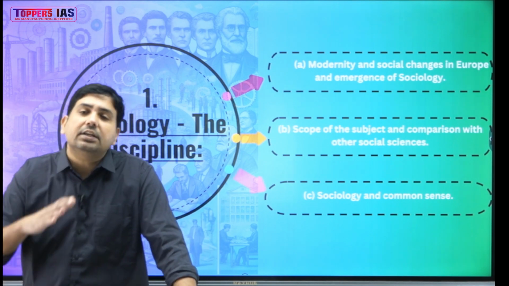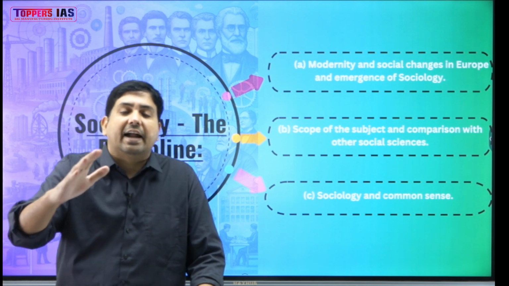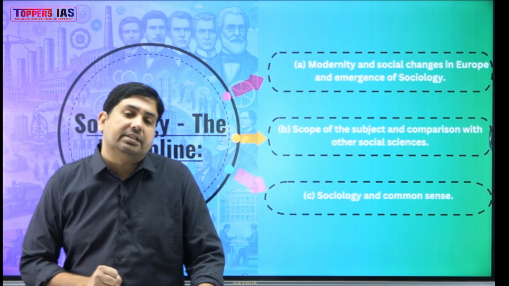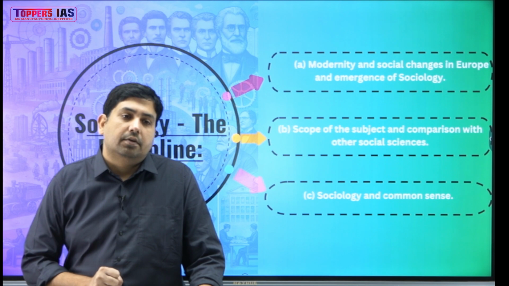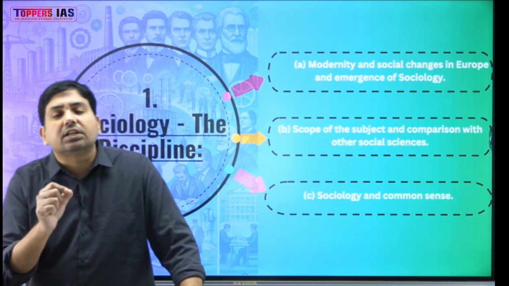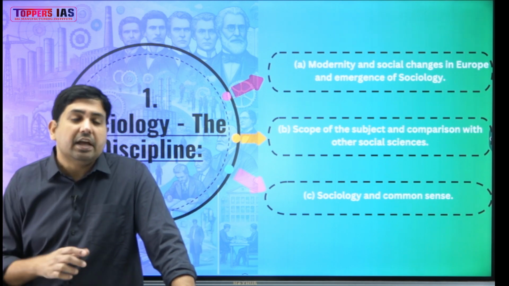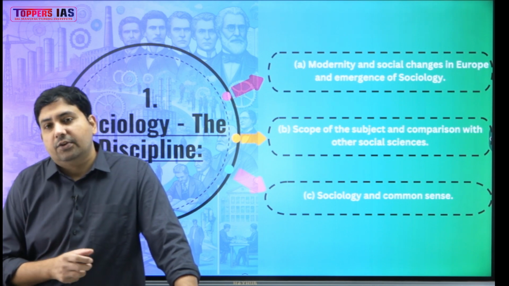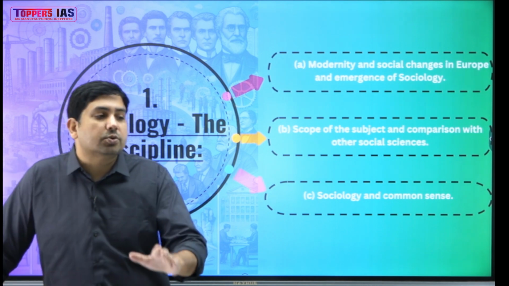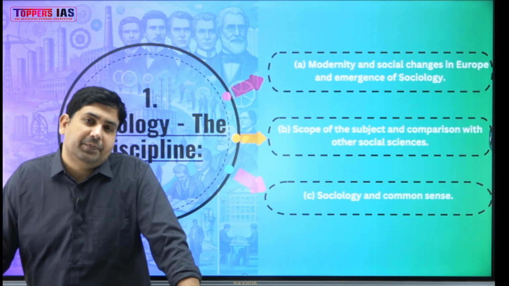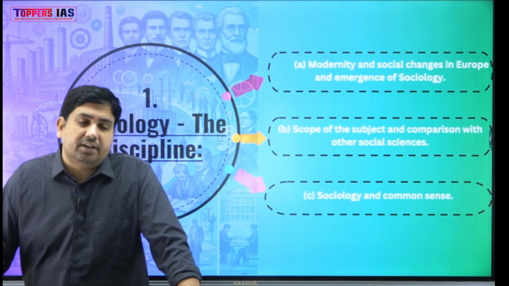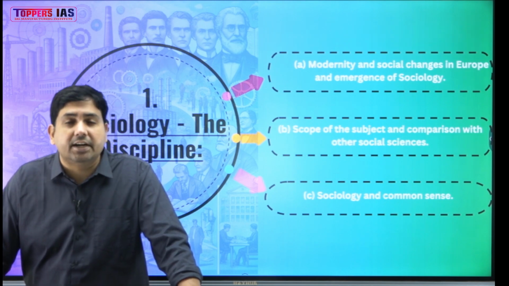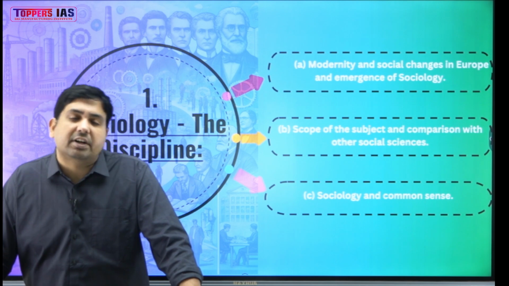But sociology goes beyond that. Sociology goes beyond common sense. It uses systematic research, evidence, proof, critical thinking to understand any social phenomenon. Any social phenomenon, for example suicide, or say religion, family, whatever it may be.